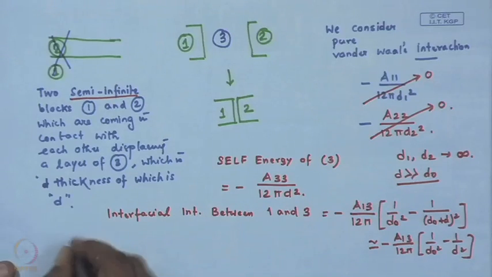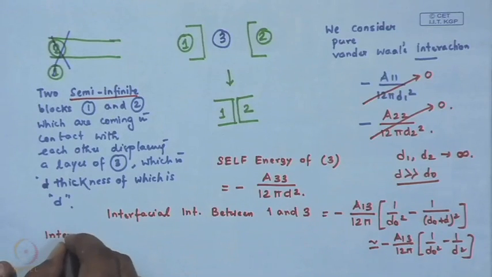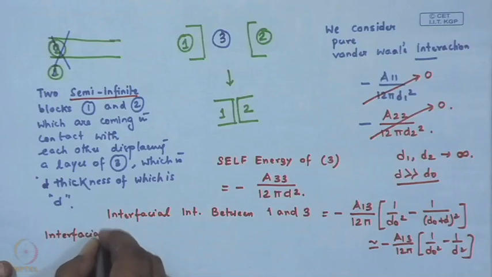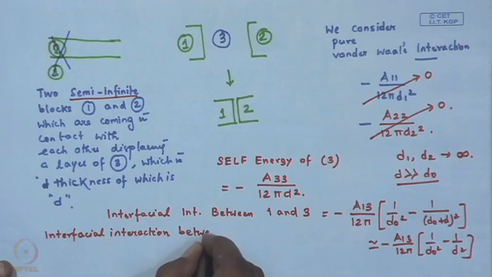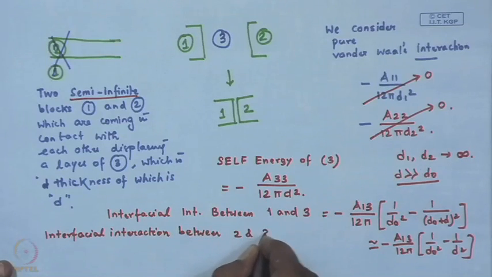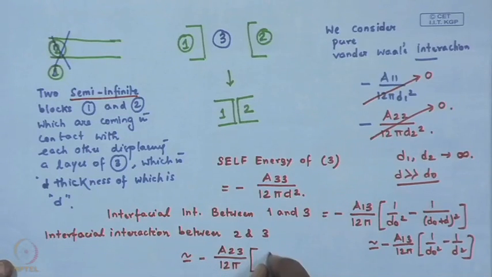Similarly, the interfacial interaction between 2 and 3 will lead to minus A23 divided by 12 pi, times 1 by d0 square minus 1 by d square.